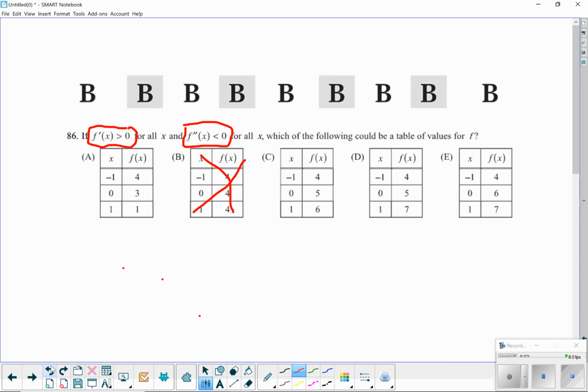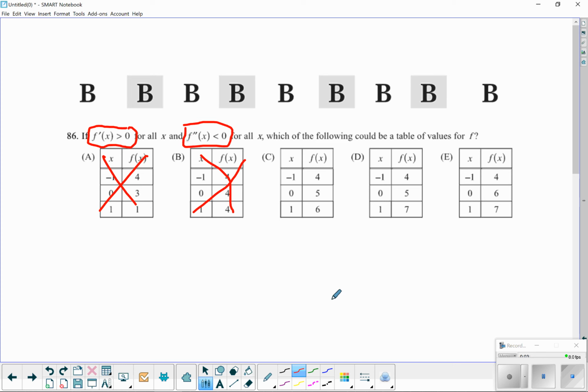So that means that we have eliminated A and B. Now, if you were in a rush and you only have about 3 minutes each, you can definitely choose C, D, or E.